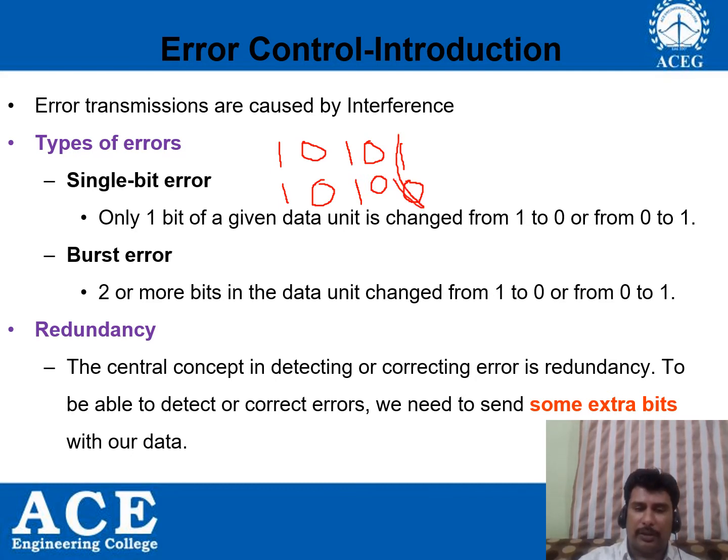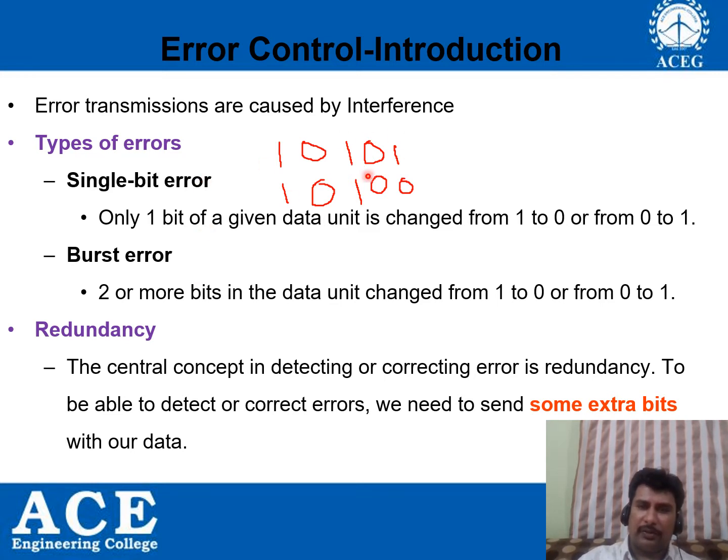So we were talking about 10101 received as 10100. Only one bit got affected. That would be referred to as a single bit error.